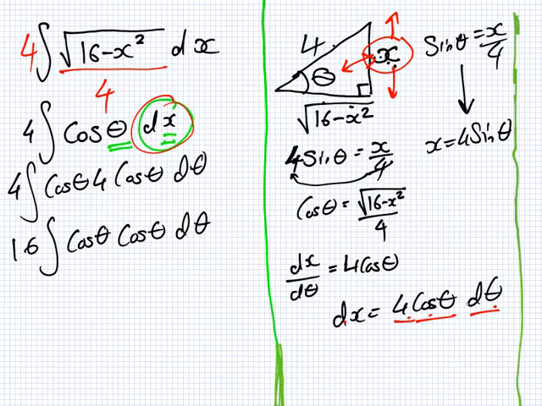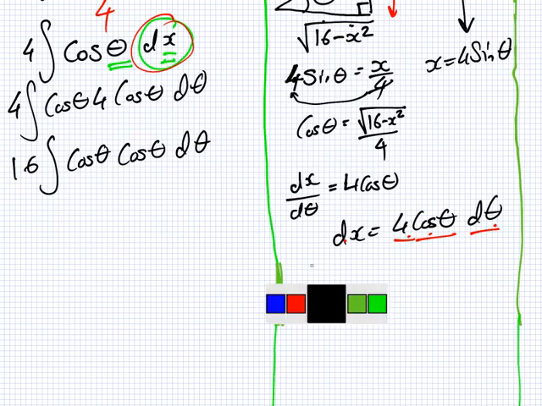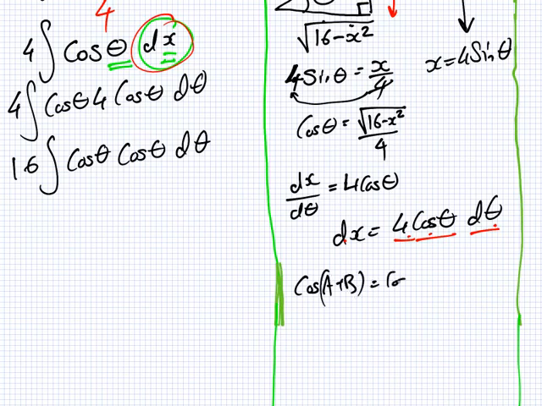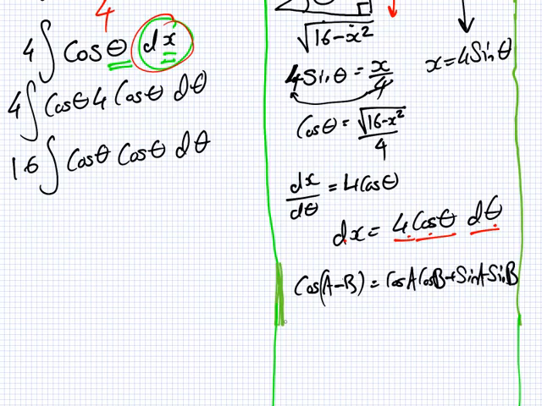Continue? So, if I go down a little bit, you know that cos A plus B, what does that equal? Actually, I'll start off with cos A minus B, so I can get the plus. Cos A cos B plus sine A sine B. And what about cos A plus B?